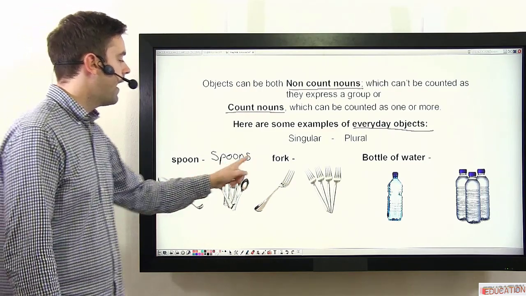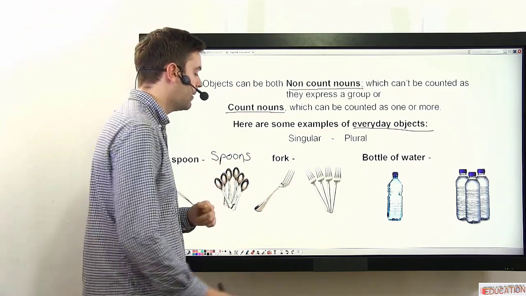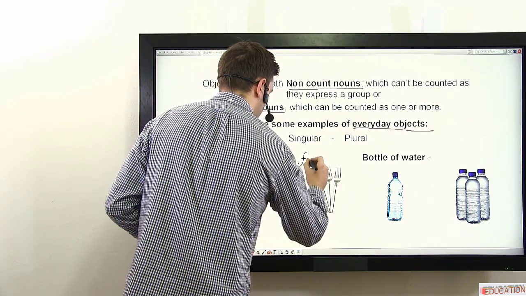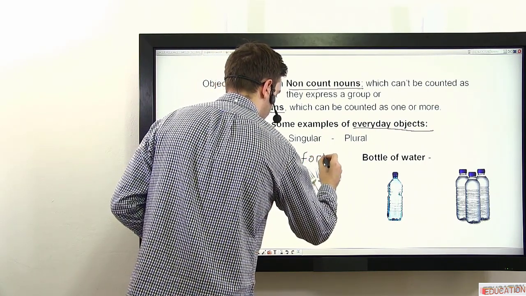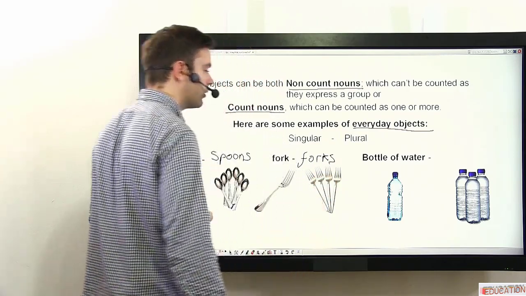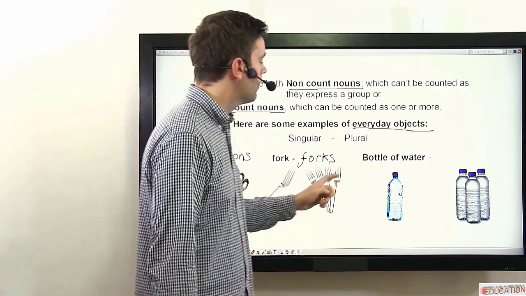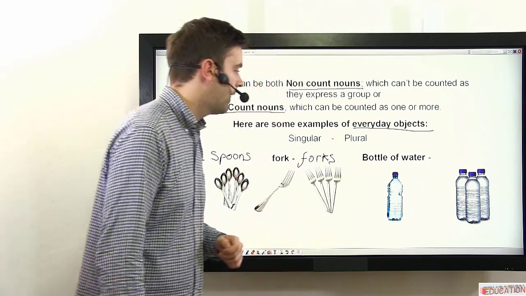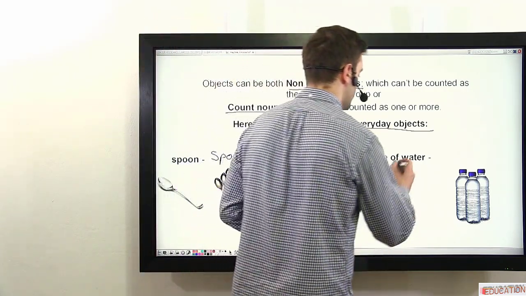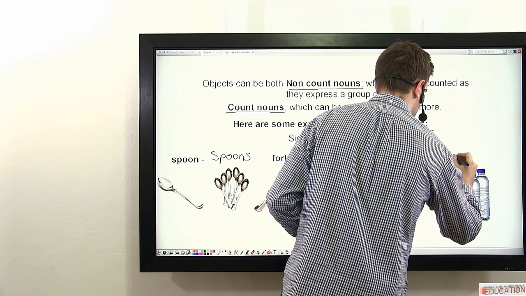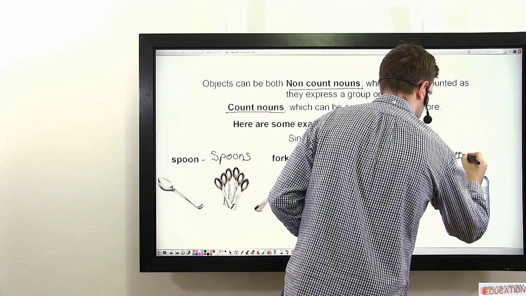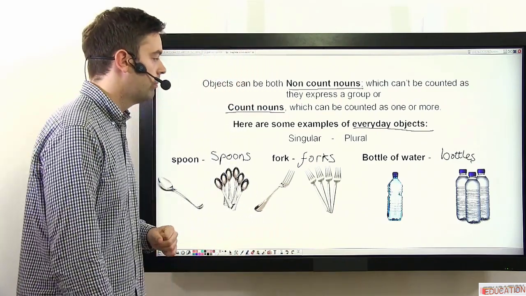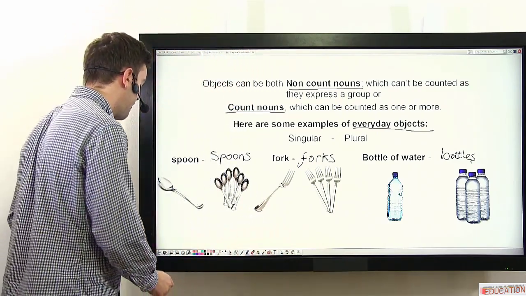Fork, F-O-R-K. It's also a count noun, so we say forks for plural. Bottle of water. It's also a count noun, so it's bottles of water.